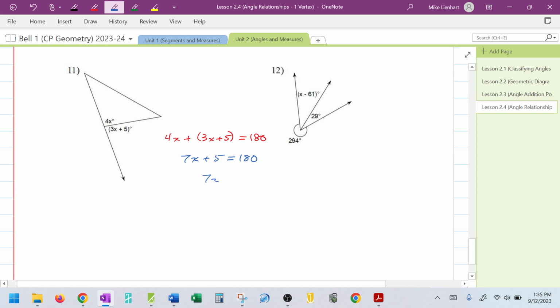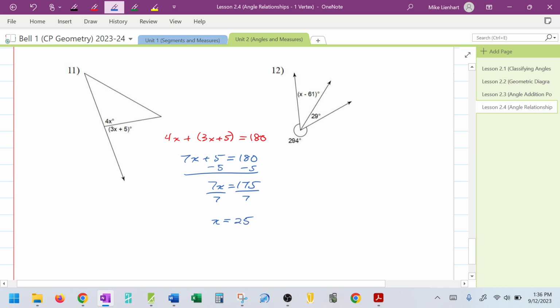Subtract 5 from both sides, so 7x is equal to 175. Divide by 7, and I get x is equal to 25.